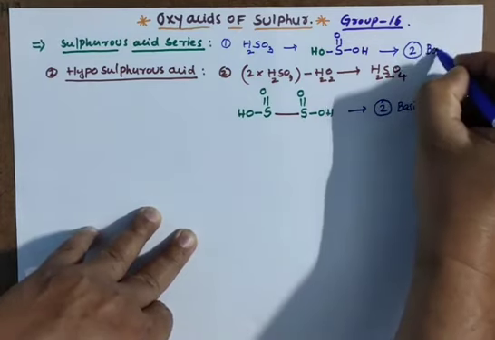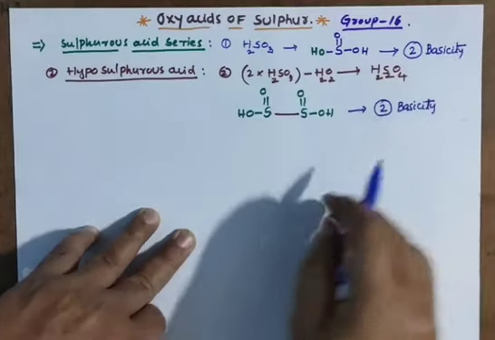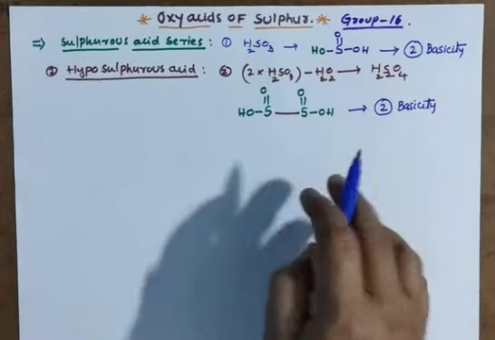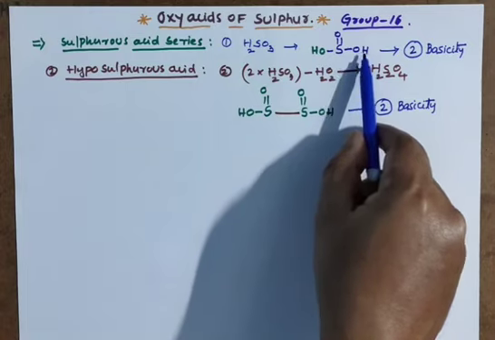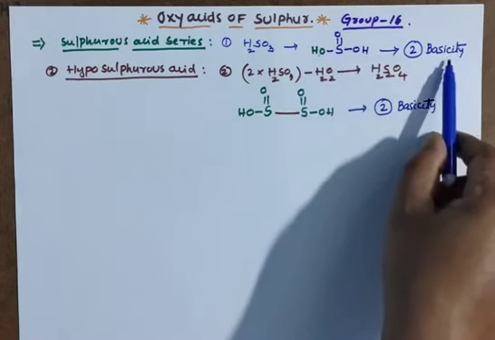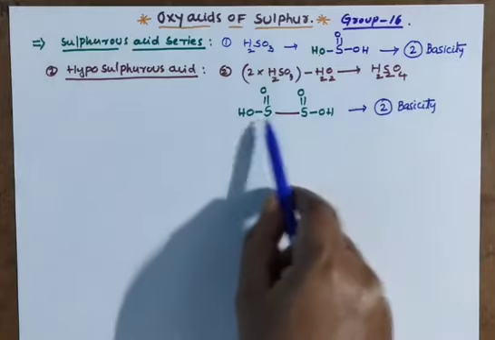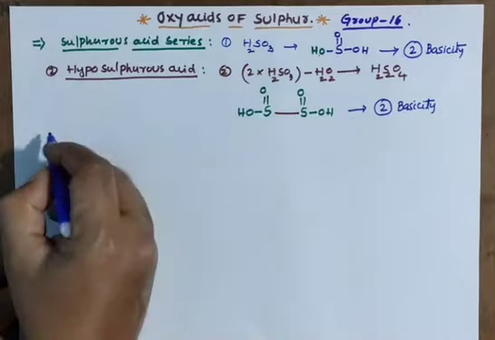The hydrogens which are directly bonded with oxygen are ionizable or replaceable hydrogens. That's why you simply remember number of OH groups is equal to basicity. So the basicity is 2, and we got complete information.